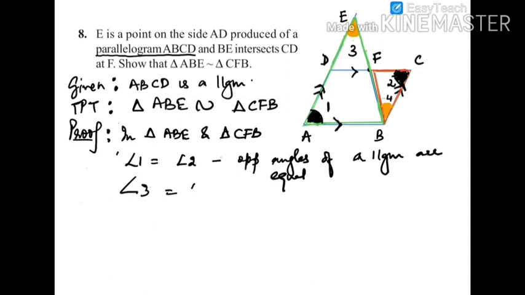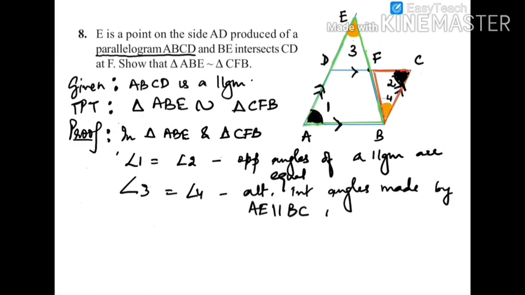So angle 3 is equal to angle 4 as they are alternate interior angles made by AE parallel to BC with transversal EB.